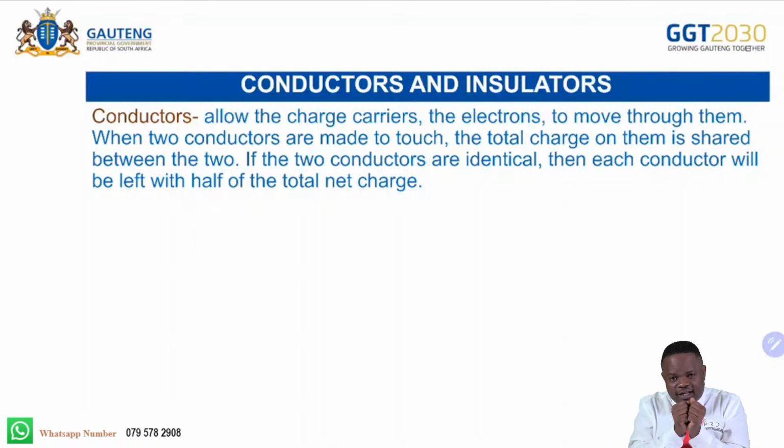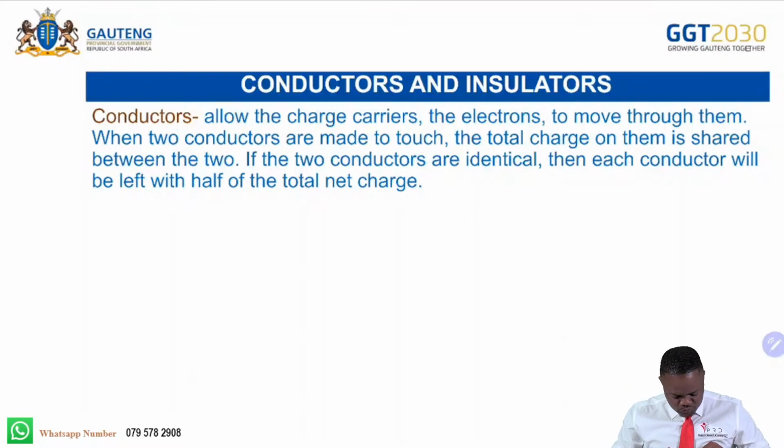So they touch each other. The electrons are going to move from where they are more, that is from the negatively charged conductor to the positively charged conductor. Right. And what is happening in the process there? The net charge, remember the net charge, it is the sum of their charges. They are trying to share their net charge.